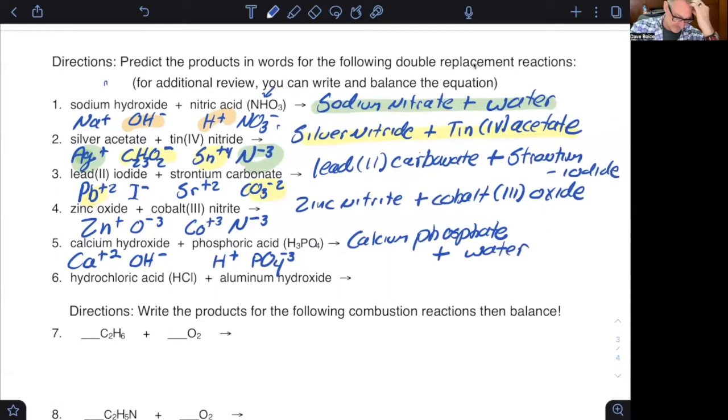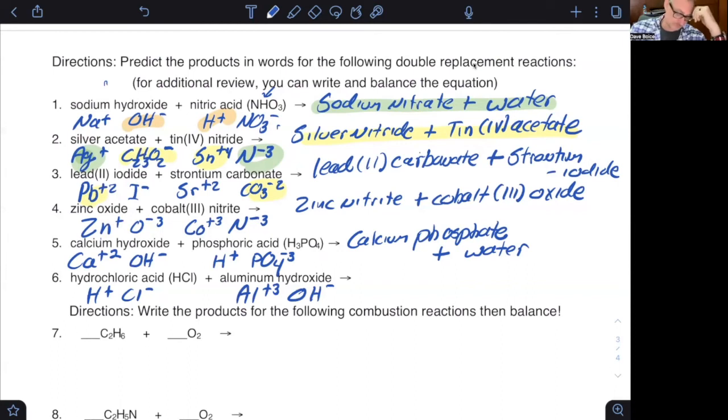Okay. Hydrochloric acid, H plus, Cl minus, aluminum forms a +3, hydroxide is OH. So let's go ahead and, in this case, usually you put water at the end, but it doesn't really matter.